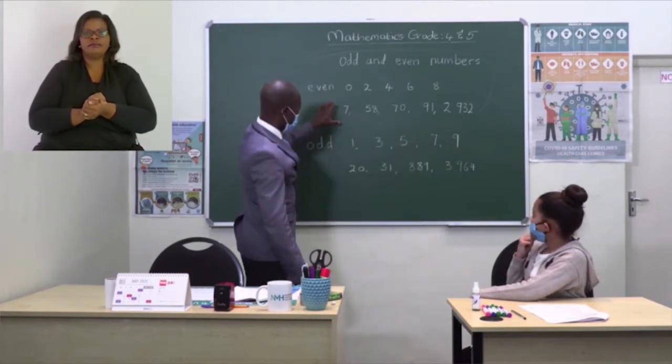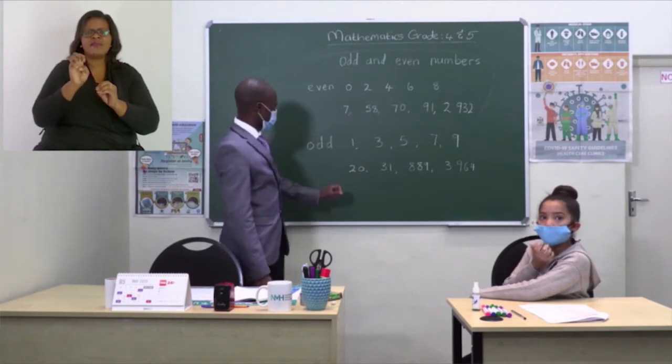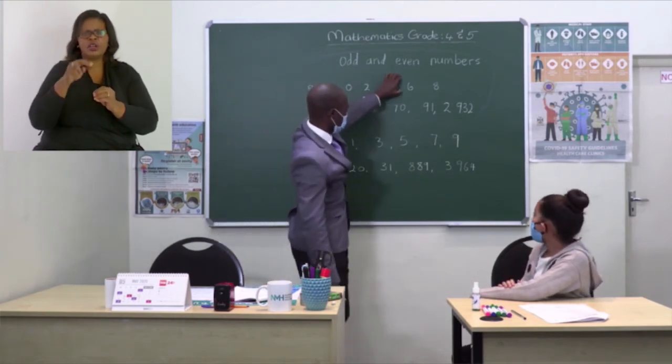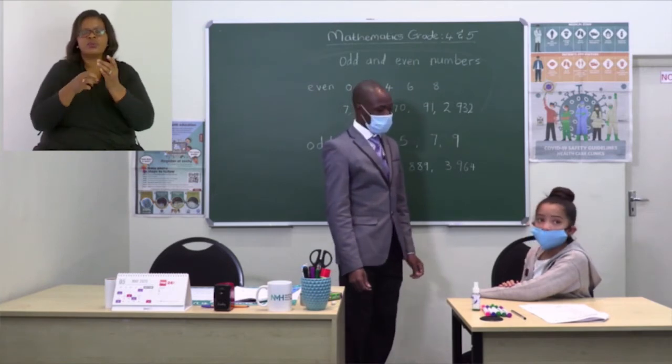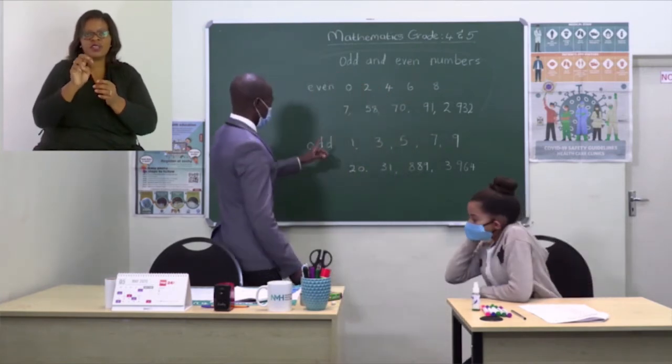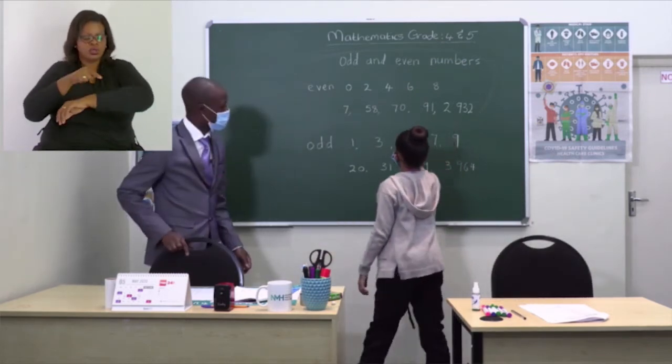So whenever you are identifying your even numbers, you just look at the unit. If the unit is one of these numbers, it means that number is an even number. Chanel, can you come and help us to identify even numbers? Just underline them.